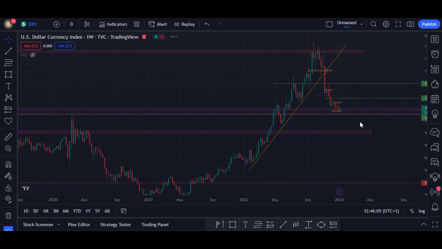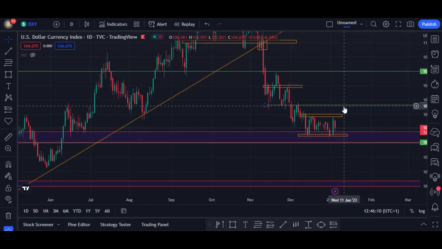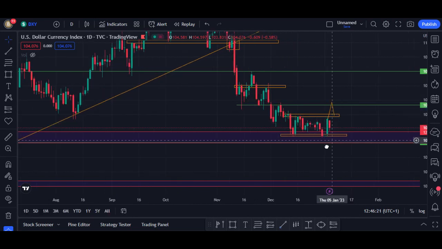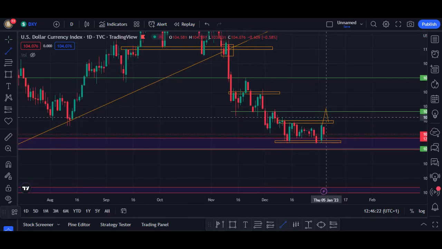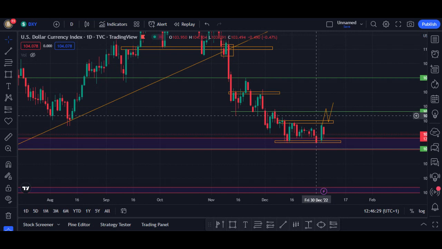If price should break beneath that zone. However, or conversely, suppose price breaks above this zone, then we know that our bull bias is at play. So it's still quite early for the year. We are still expecting proper liquidity to come into the market to actually dictate where the market wants us to go.